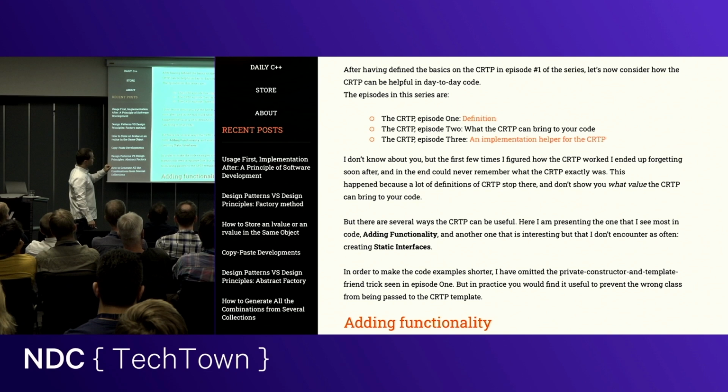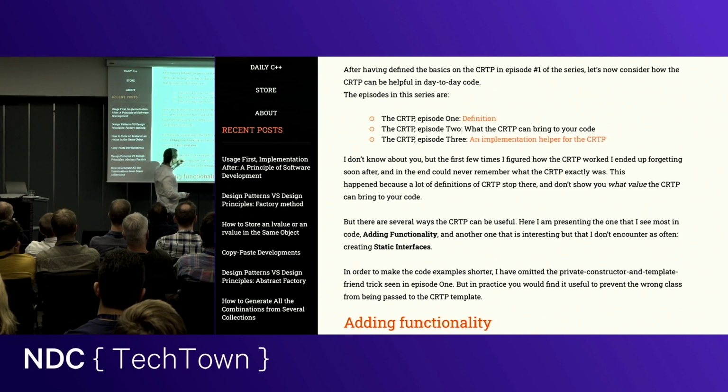There are several ways the CRTP can be useful. Here I'm presenting the one that I see most in code, adding functionality, and another one that is interesting, but I don't encounter as often, creating static interfaces. All right, adding functionality, static interfaces. That's the difference.